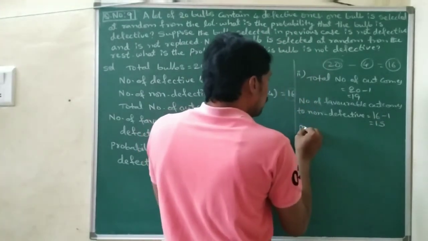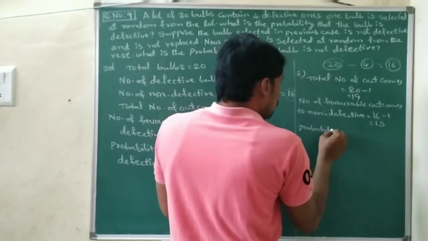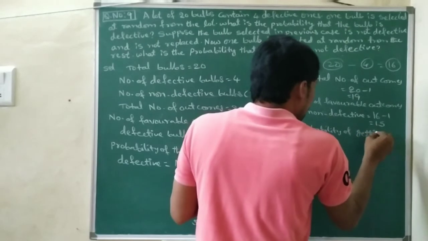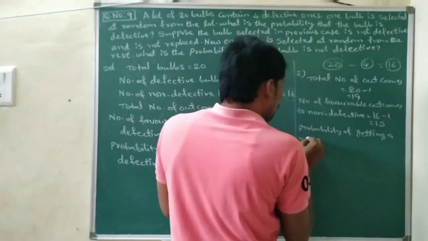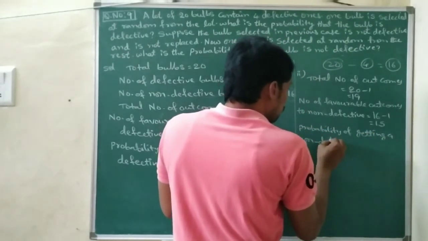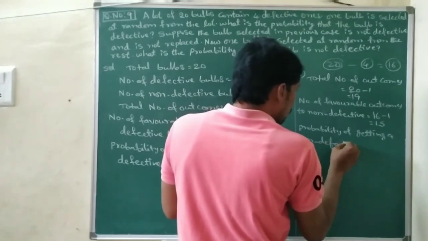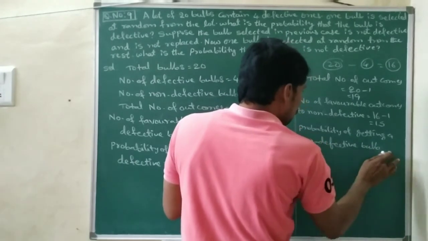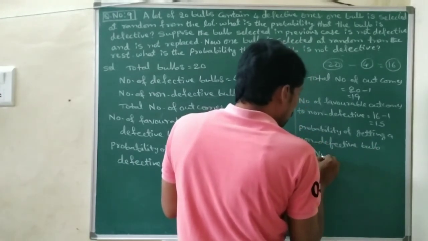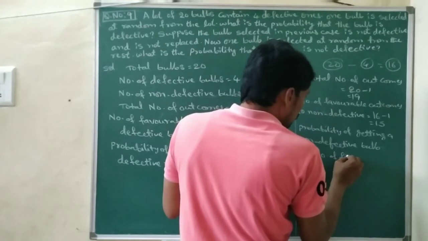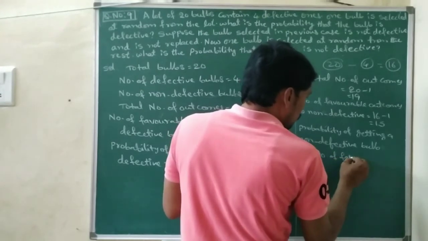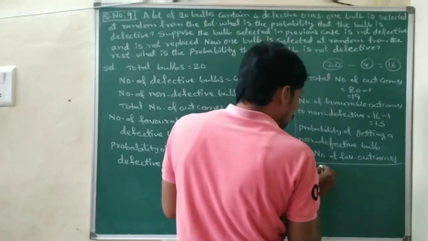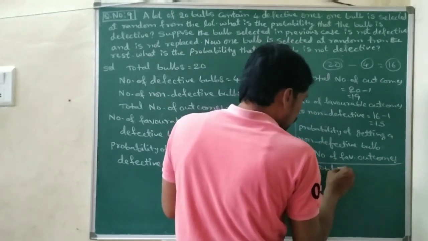So probability of getting a non-defective bulb equal number of favorable outcomes, I written FAB only, favorable outcomes by total number of outcomes.